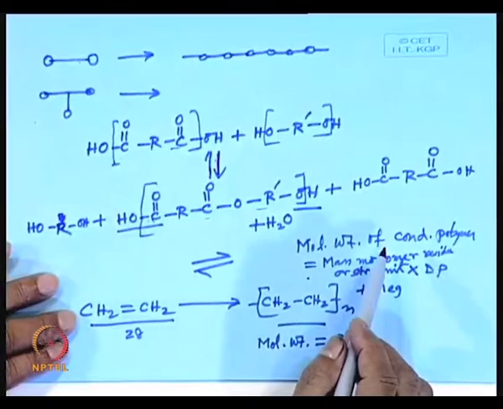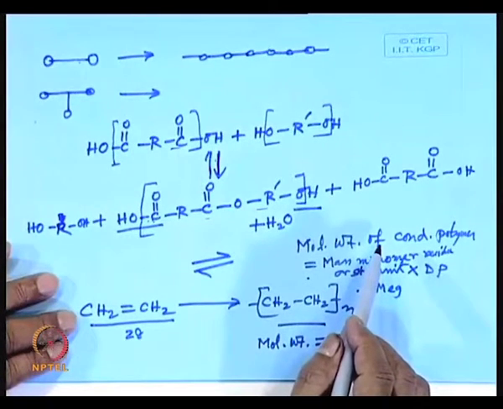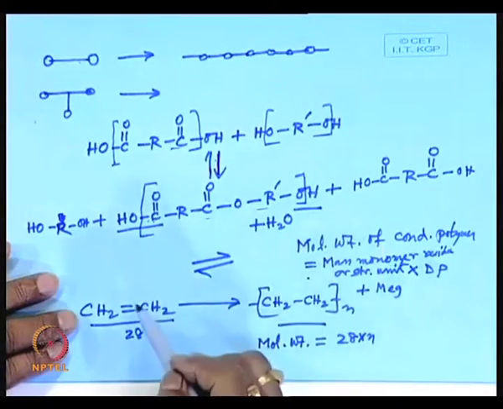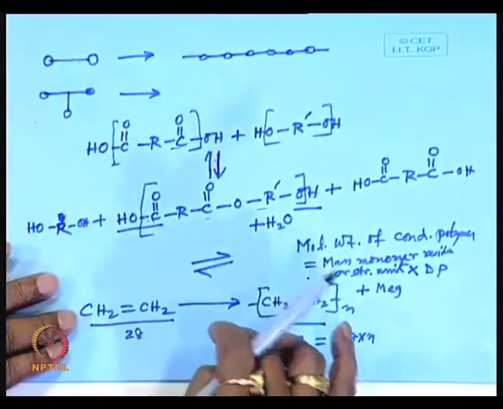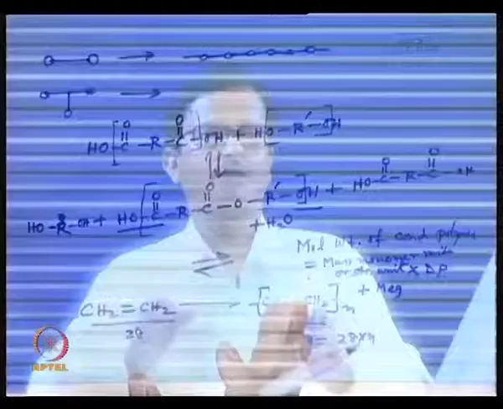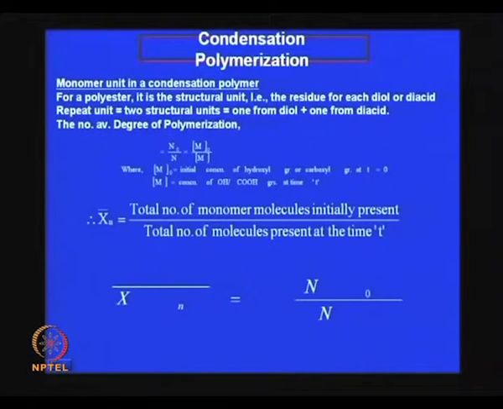You see, you verify. Sometimes it is HCl, sometimes it will be NaCl, depending on the reactive functional groups present in the monomeric unit. Okay. Then what is degree of polymerization then? How can we calculate?